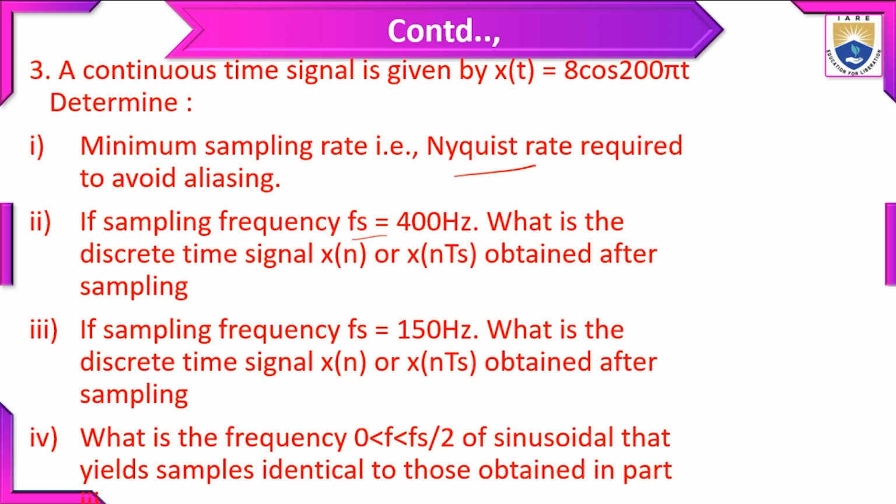Okay, and the last one is: what is the sampling frequency in between 0 to Fs by 2 of the sinusoid that yields samples identical to those obtained in part 3? Okay, so in part 3 we are concerned.